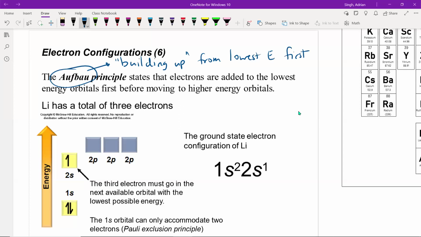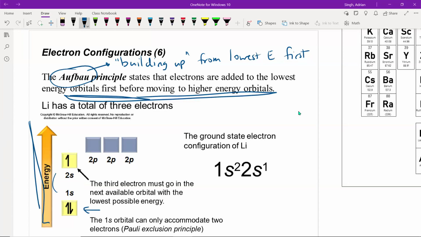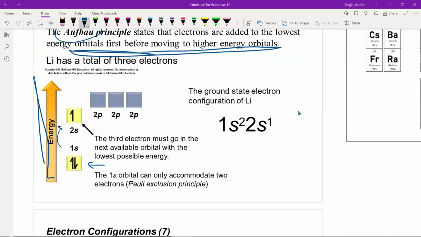All this means is that if we need to configure a bunch of electrons, we're going to stick those electrons into the lowest energy level. We're going to fill those energy levels first before we move to any higher energy orbitals. So we start at the bottom of our orbital diagram, and we're going to fill the 1s first. Then if we have any other electrons, we're going to put those into the higher energy orbitals.